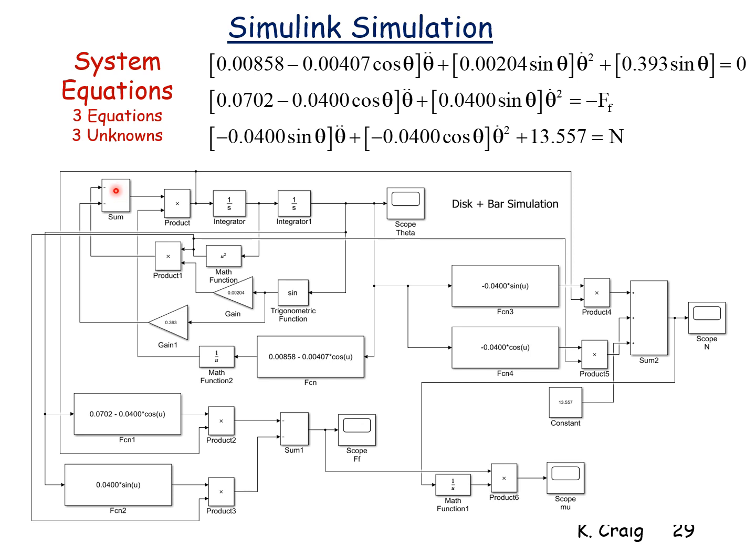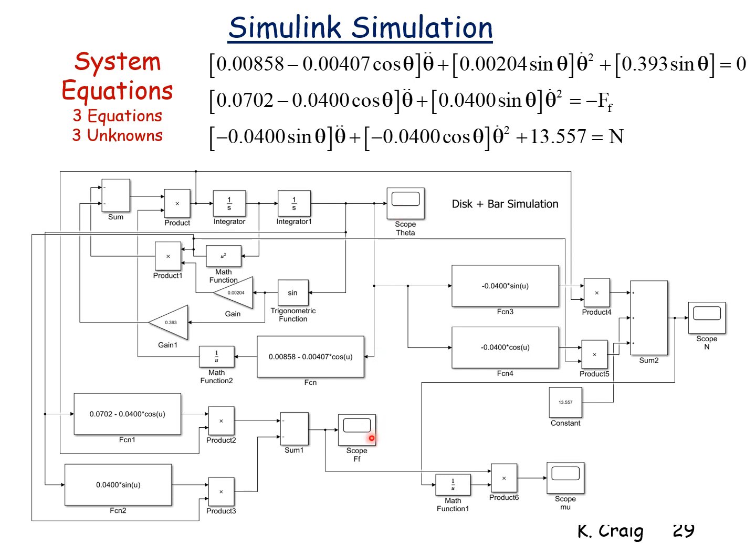The terms come in with minus signs. So it's minus the product of theta dot squared times 0.00204 times the sine of theta. The other term is 0.393 times the sine of theta. That gives me theta double dot. And I put it to a scope so I can look at the response.